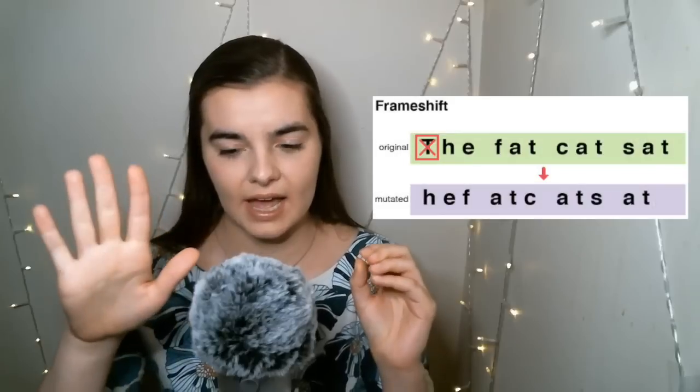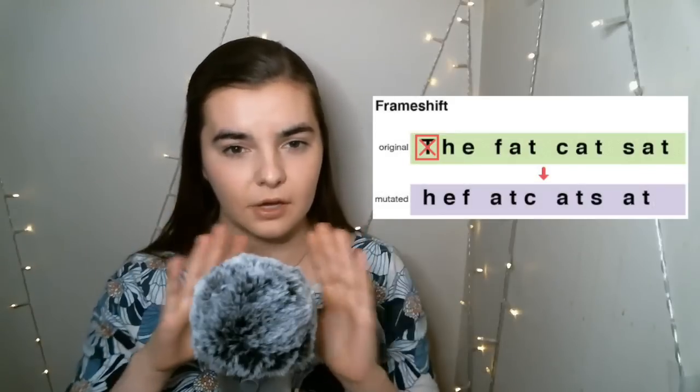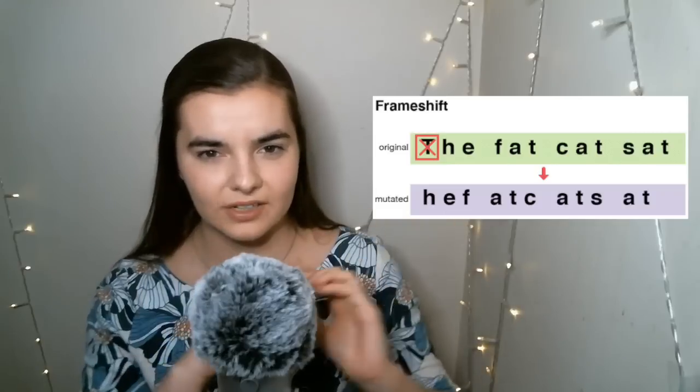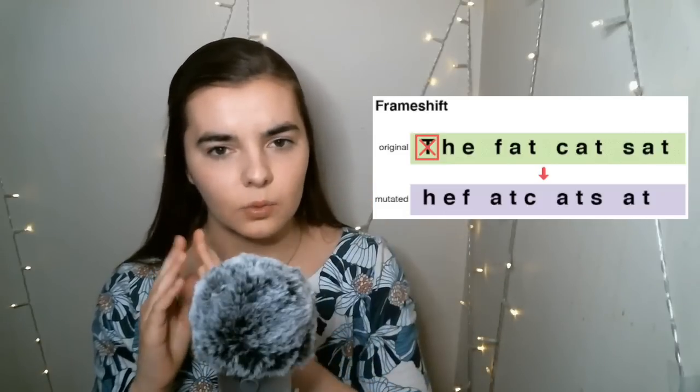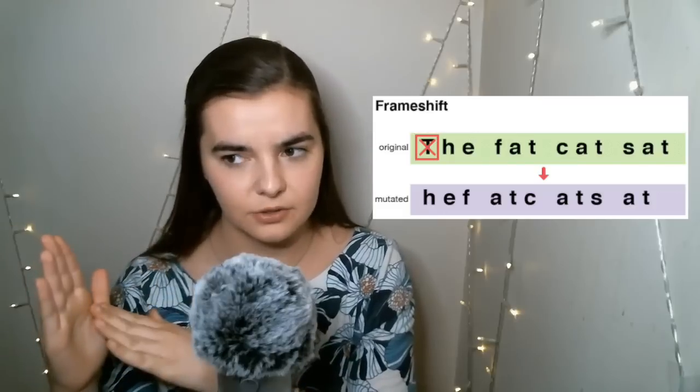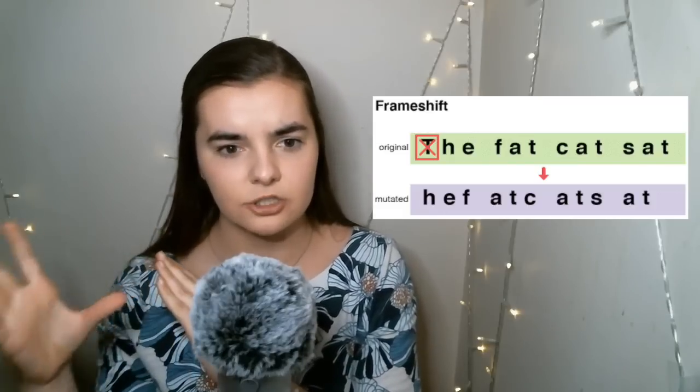So that's what happens when you have a missense mutation. But let's say we just took out one letter of a sentence, and then we shoved everything over and put everything back together. Well, now every single word after that letter that you took out is going to be jumbled.